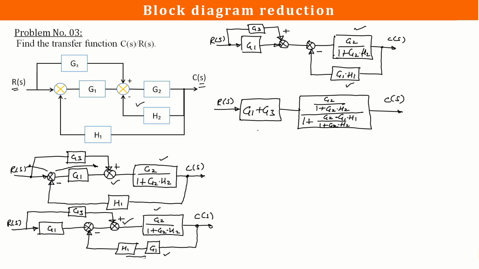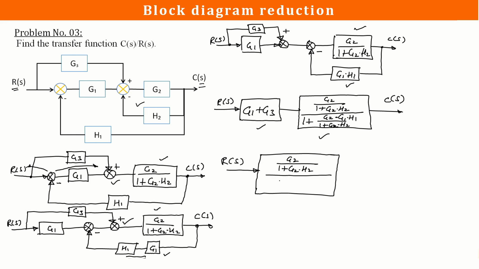Now we can see that these two blocks are in series, so we can apply the corresponding rule to further simplify it. So we will be having R of S, and then we are having a single equivalent block here. So it will be again G2 upon 1 plus G2 into H2 upon 1 plus G2 into G1 into H1 upon 1 plus G2 into H2.